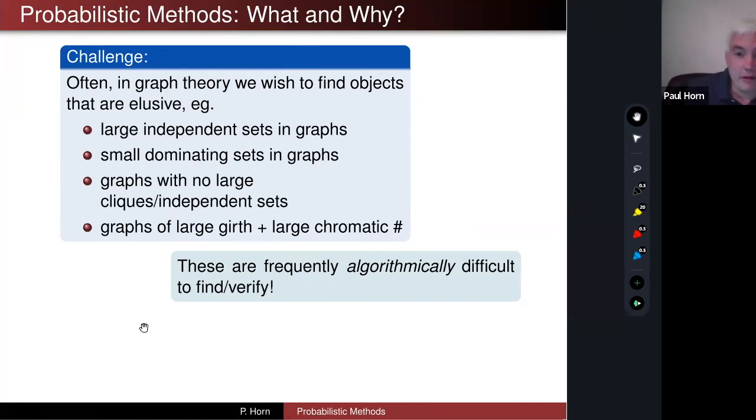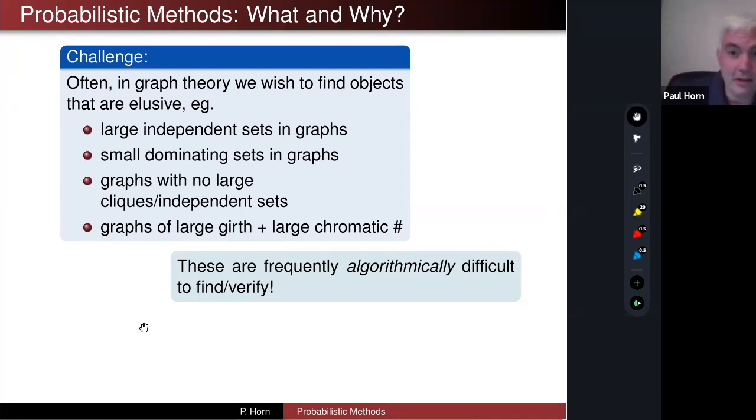I'm frequently presented with a graph and I'm interested in finding parameters or estimating parameters of the graph. Things like what's the largest independent set or the largest complete subgraph, or what's the smallest dominating set, or I'm interested in finding graphs with kind of bizarre properties. So graphs that contain no large cliques or large independent sets, or graphs that have kind of conflicting properties somehow. On one hand, they're locally tree-like, they have large girth, but on the other hand, they have a large chromatic number.